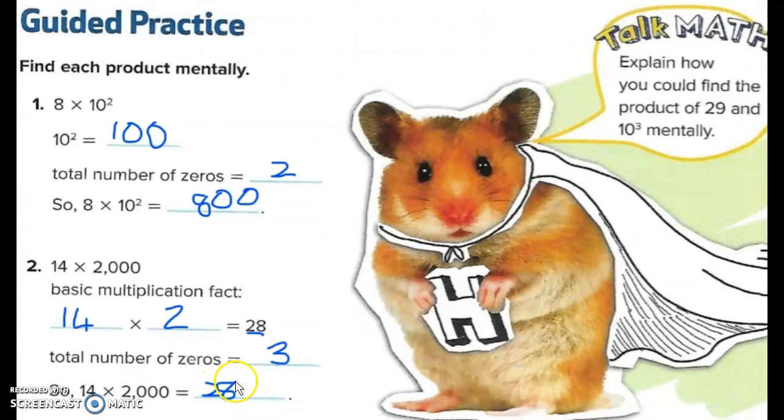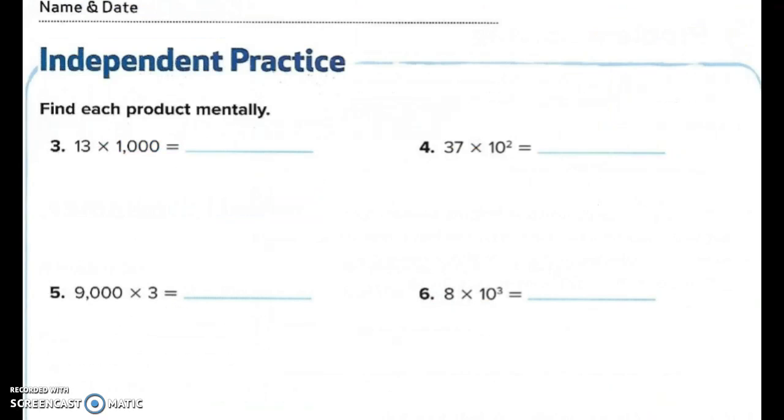And how many zeros? 1, 2, 3 zeros. So the answer is 28,000. Excellent.